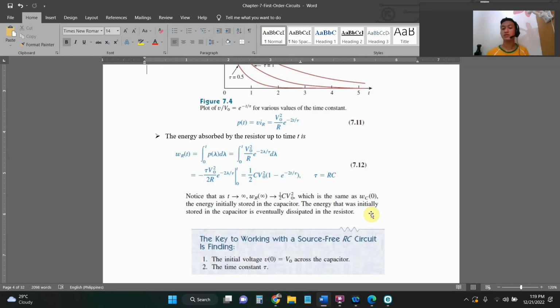So the energy that was initially stored in the capacitor is eventually dissipated in the resistor.